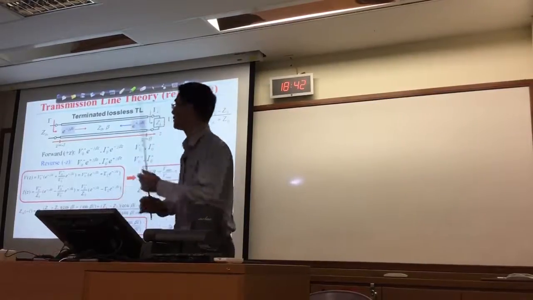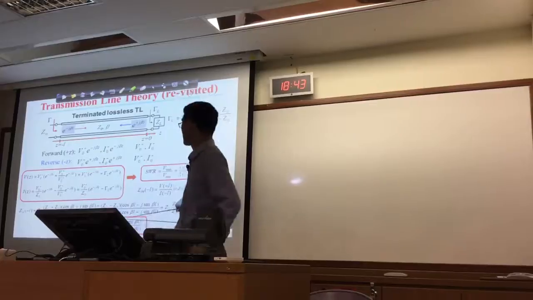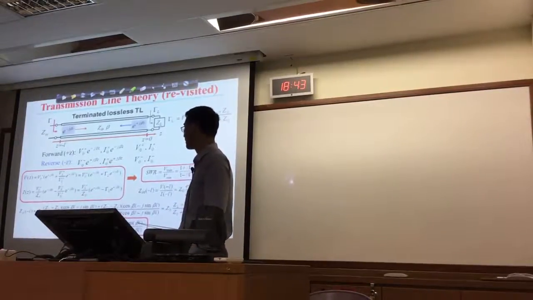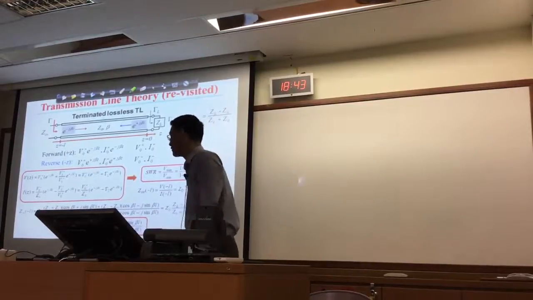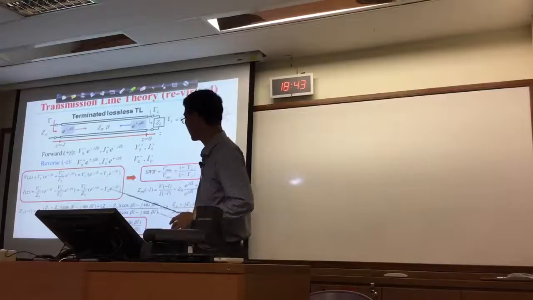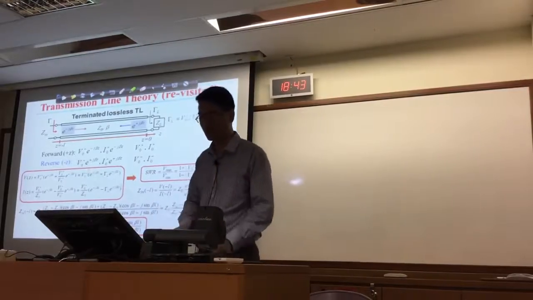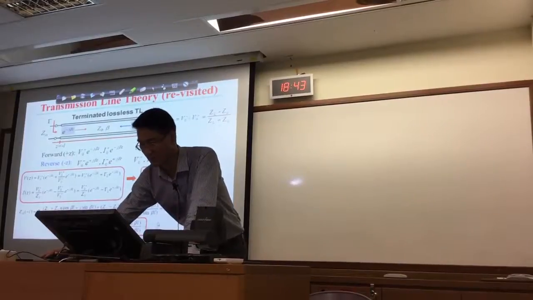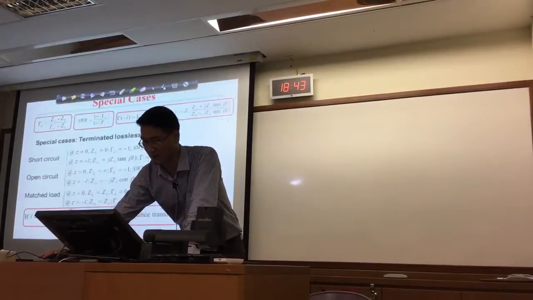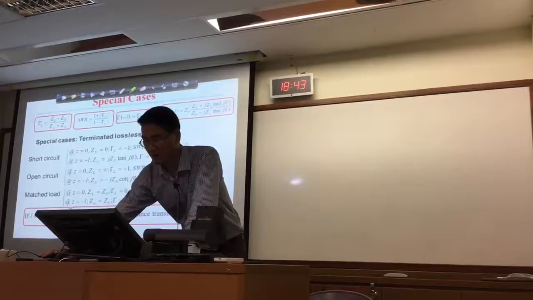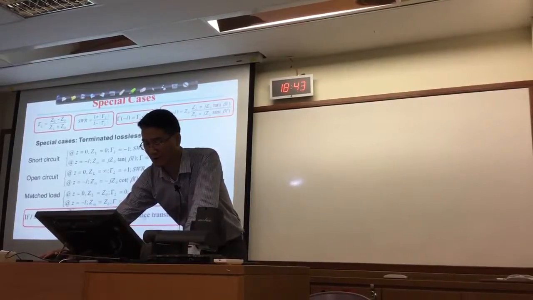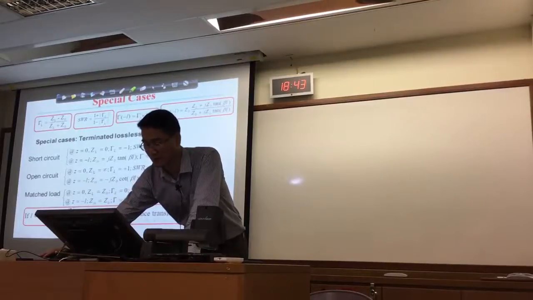In the meantime, we have learned this very famous transmission line equation. Here, beta is the propagation constant and l is the physical length. This is very important, as I mentioned, a five-star important equation. Also, for a special case, we introduce the so-called quarter wavelength impedance transformer.